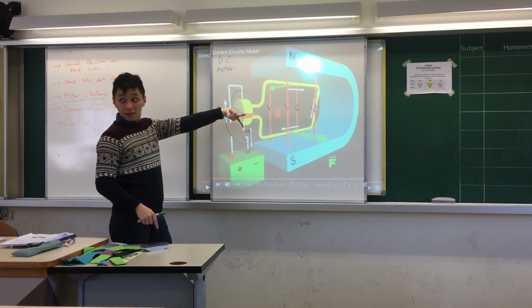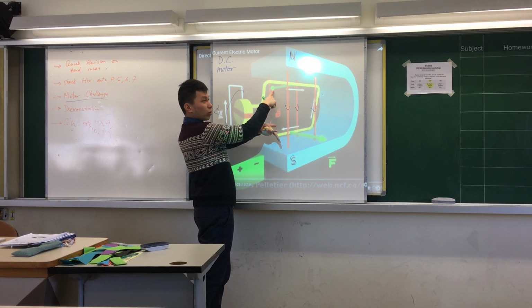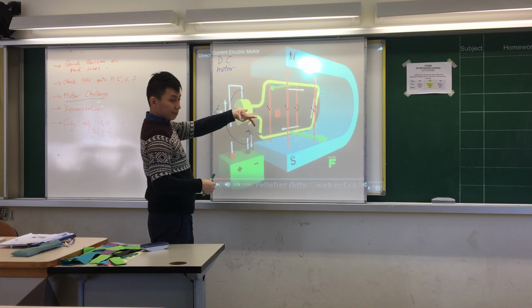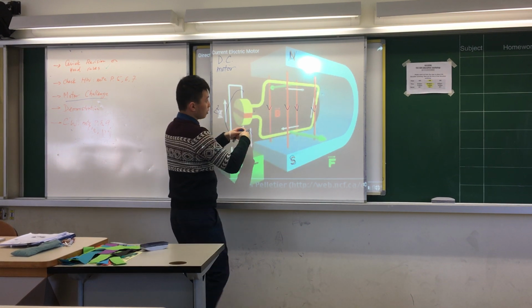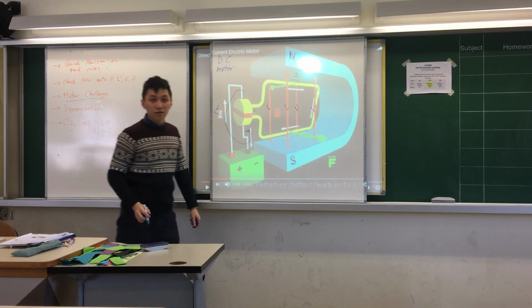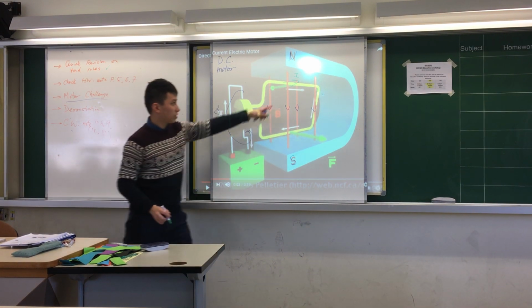Is it? The green arrow is the force going in. Yeah? So B is going down. Current must be going in this direction. So current, the white arrow basically.